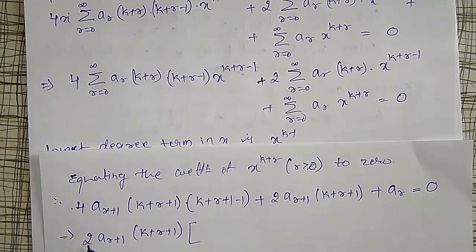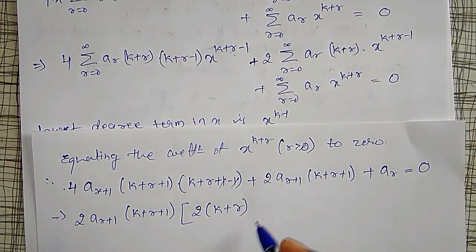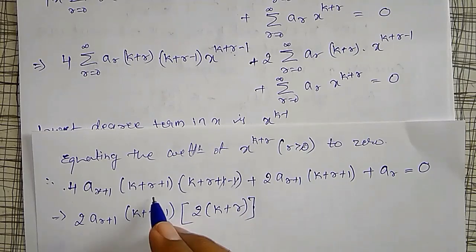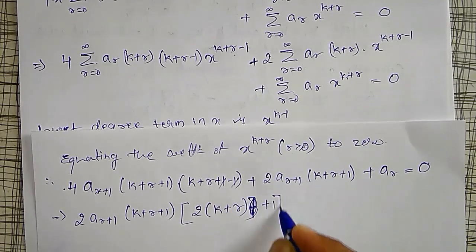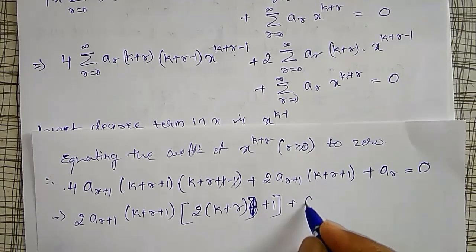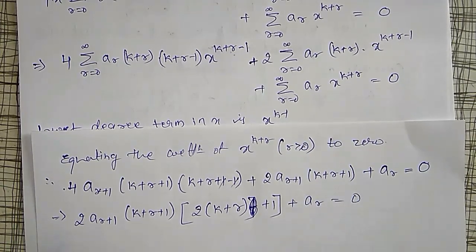From 4, 2 already taken, 2 will remain. 2 times (k plus r plus 1 minus 1), the 1s cancel. Next, plus this remains. From these two terms, total plus 1 will remain, plus a(r) equal to 0.